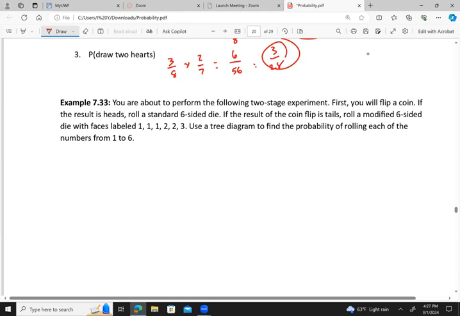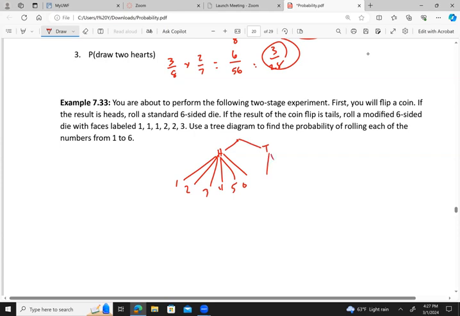Okay, so I flip a coin. I have heads or I have tails. Now, if I have heads, I roll a standard 6-sided die: 1, 2, 3, 4, 5, 6.